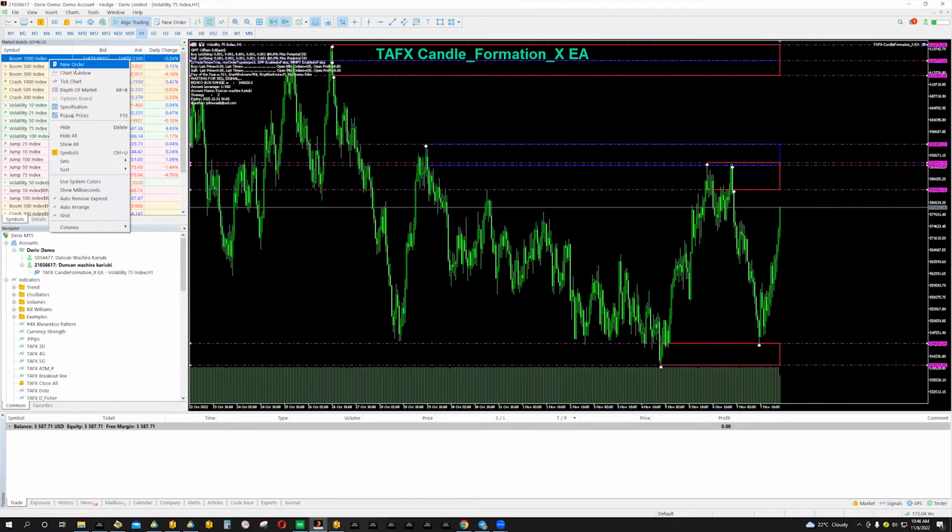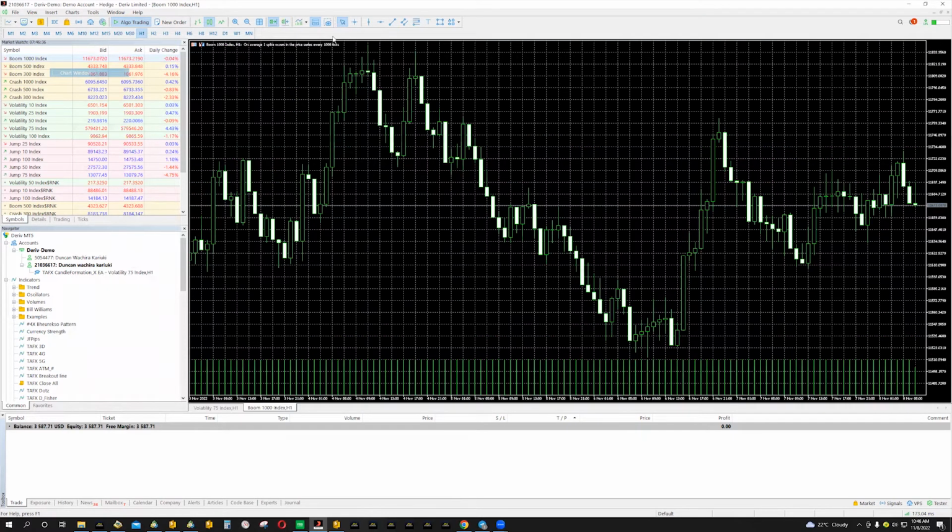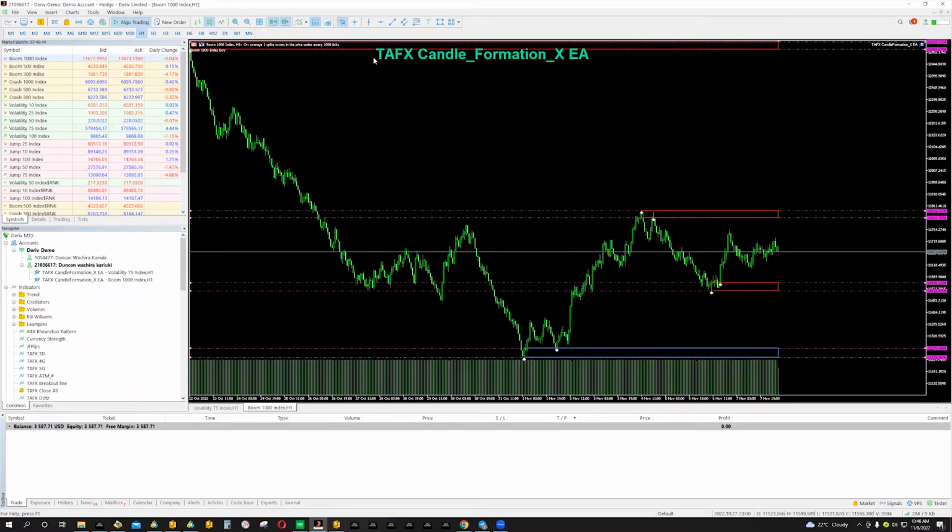The other thing, let me remind you one thing again about the TFX candle formation. The candle formation is a very simple and accurate EA because it's all about price action.